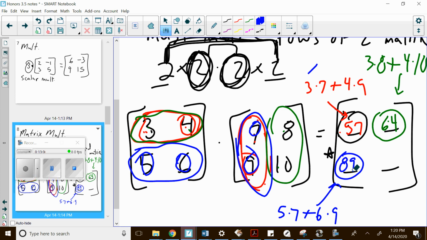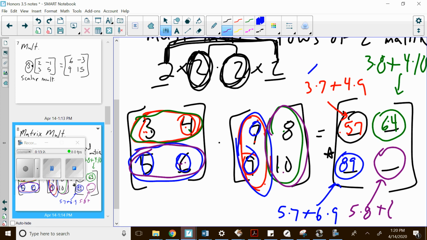Okay, and lastly, this element is in the second row and second column. So what you would do is combine the second row here with the second column here. And how that looks is 5 times 8, and then you'd add it to 6 times 10. 40 and 60.